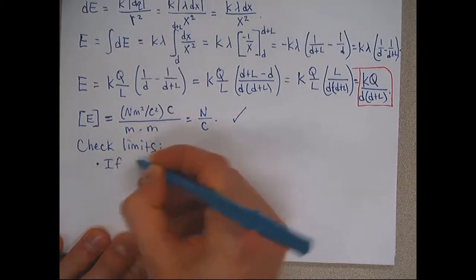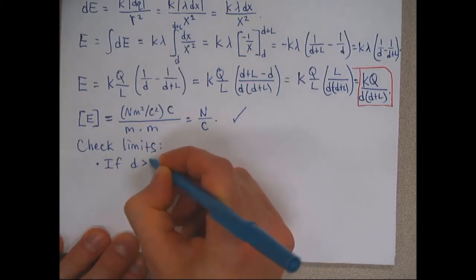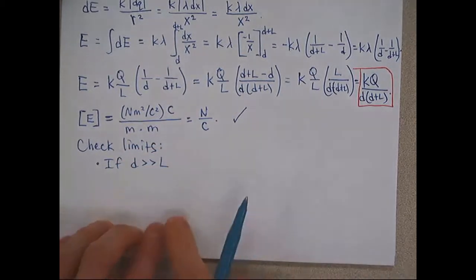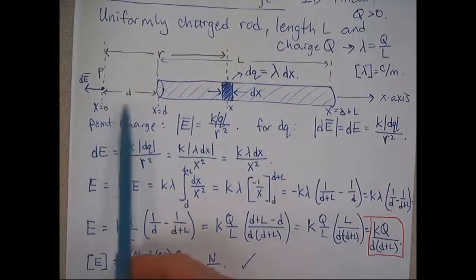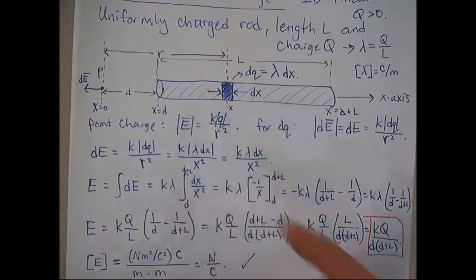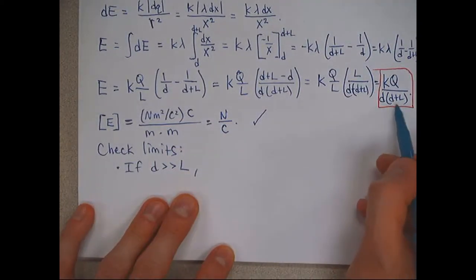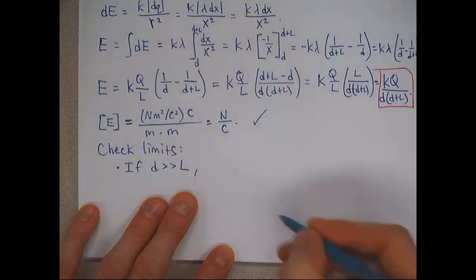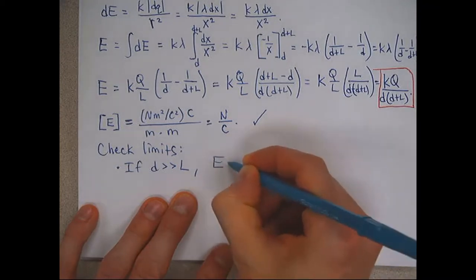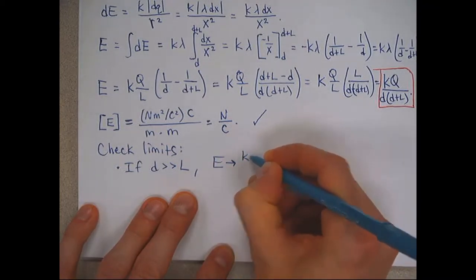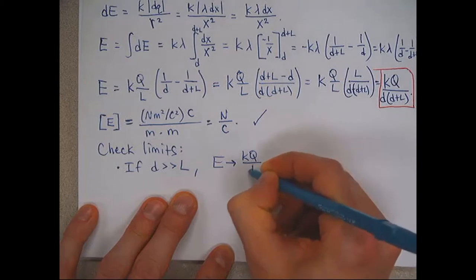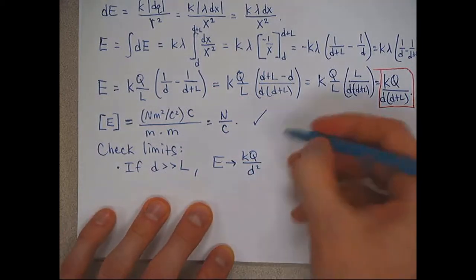If you go very far away from this object, in other words, d becomes much, much greater than the length of the rod itself, what happens to E? The electric field, you see, we can ignore L when it's added to d. It becomes, or approaches, kq over d squared. Does that look familiar?